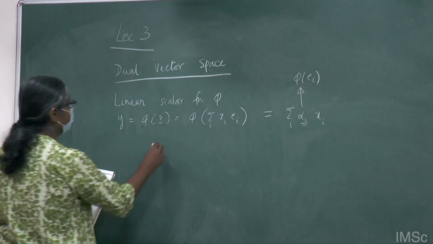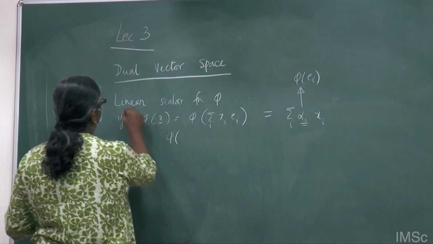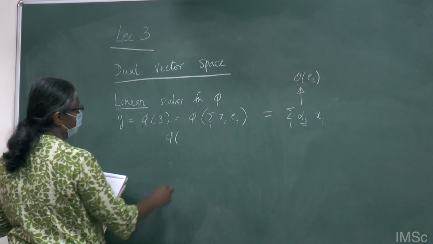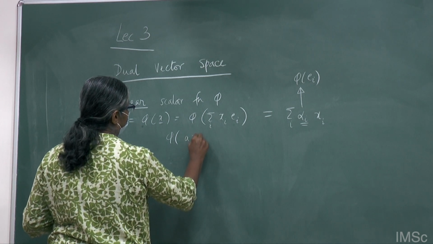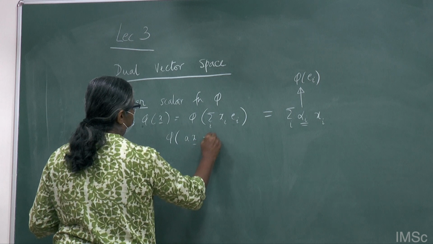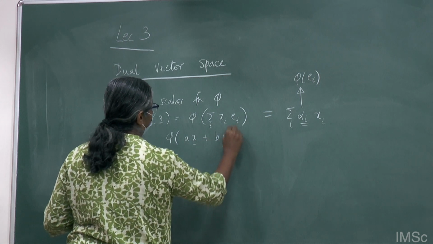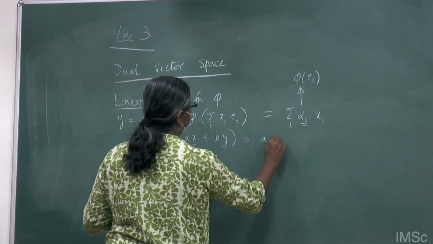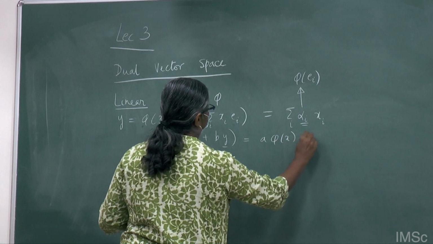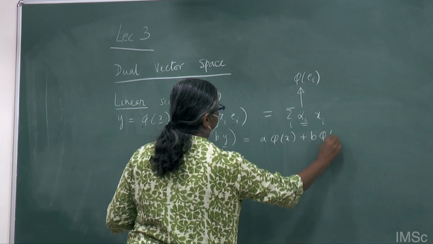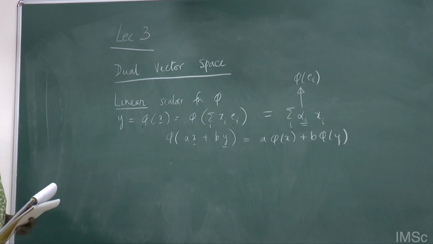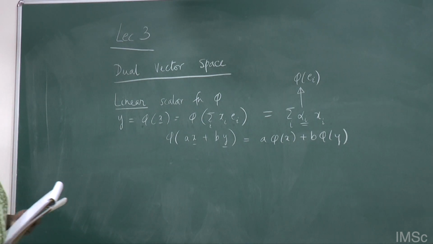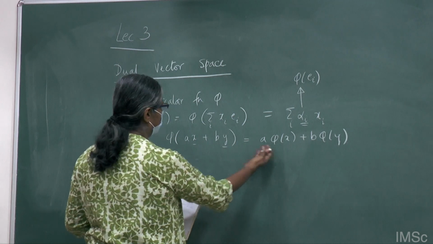And we had also said, what do you mean by a linear function? Phi of ax plus by is a times phi of x plus b times phi of y, right? This is the meaning. But this is what defined a vector space, right?